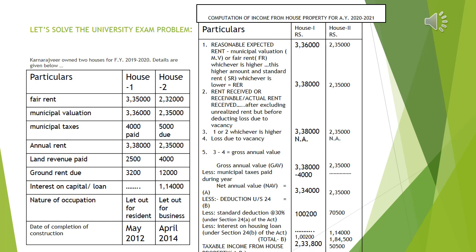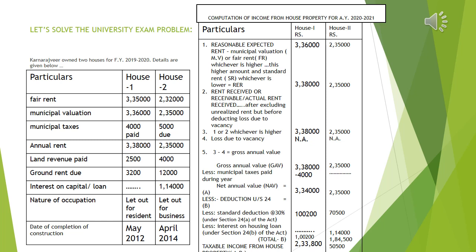Then less deduction under section 24. First standard deduction at 30% on net annual value. So we have to calculate 30% on 3,34,000 and 30% on 2,35,000. So here is the amount in house first 1,00,200 and house second 70,500.